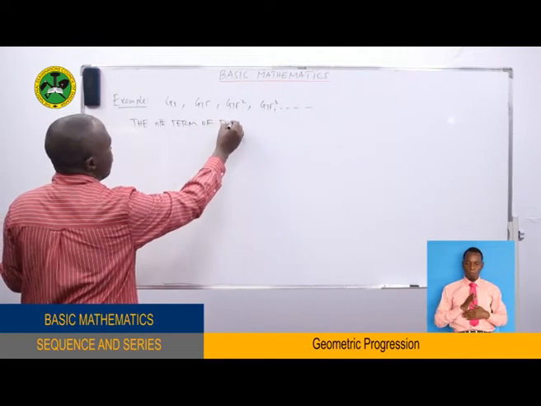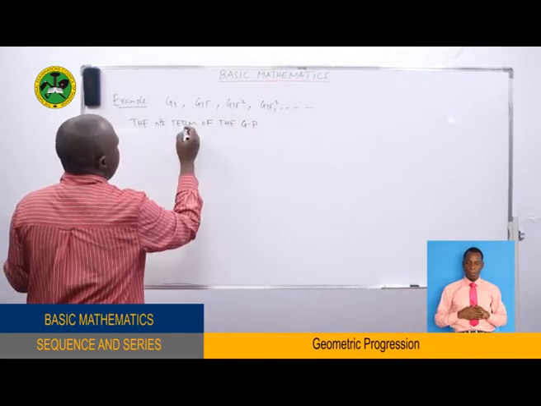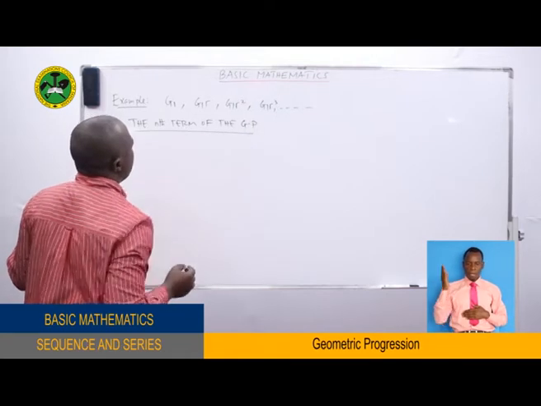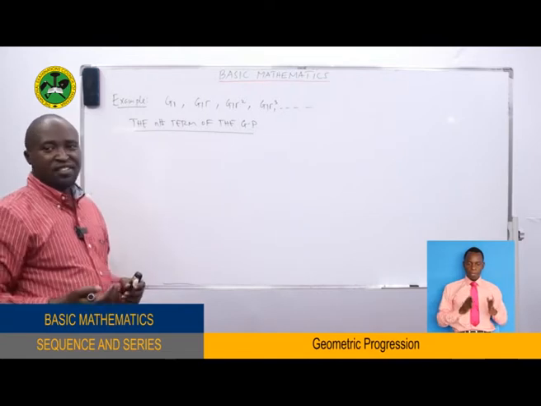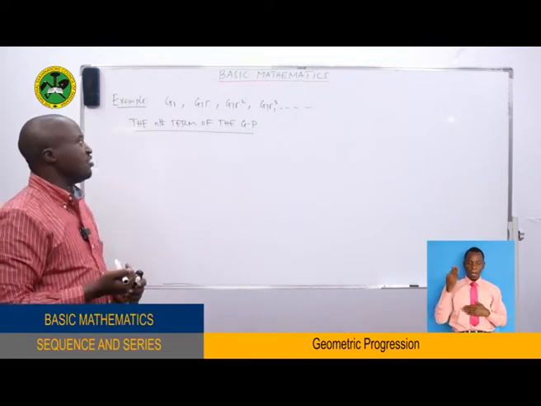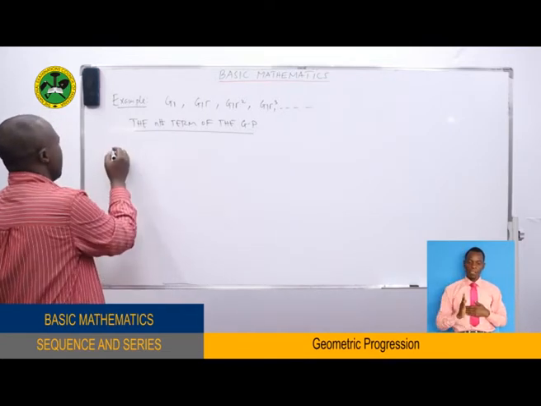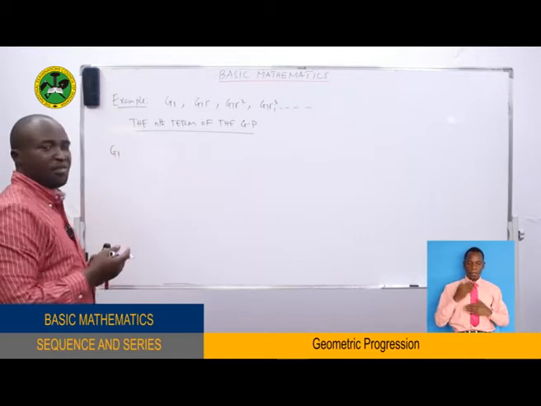Let us arrange these numbers in a vertical way. So in this case, we are starting with the first term, that is G1.